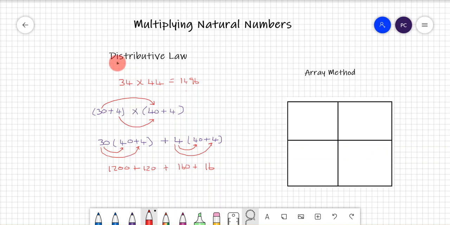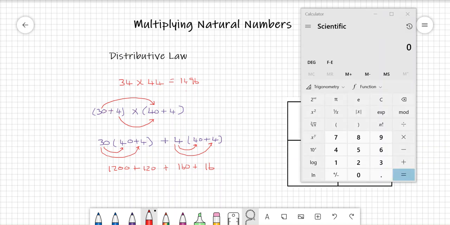So what we're doing is using this distributive law. Finally, we can add up all these numbers: 1200 plus 120 plus 160 plus 16.